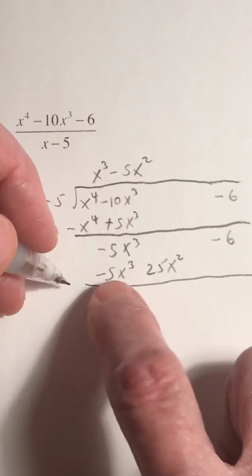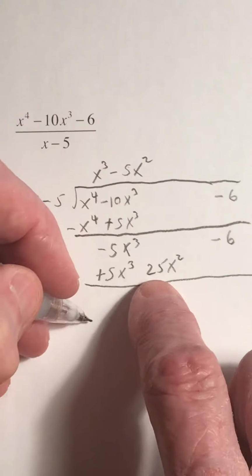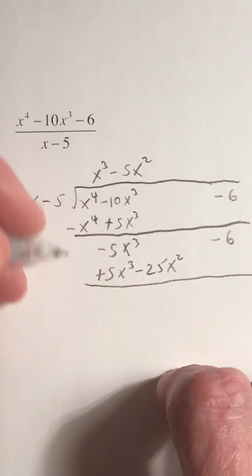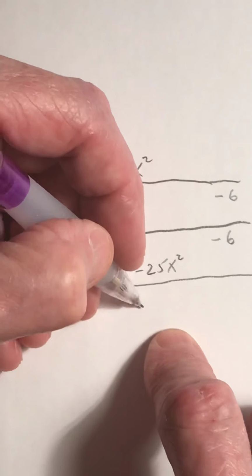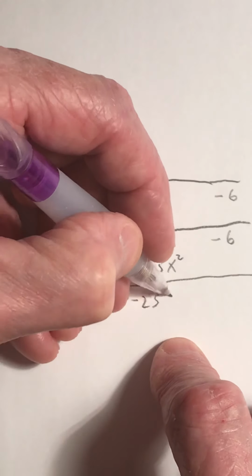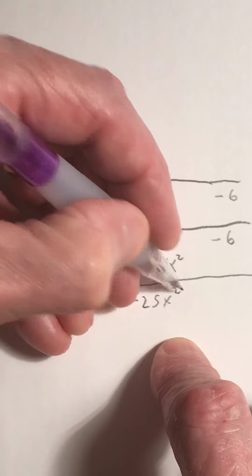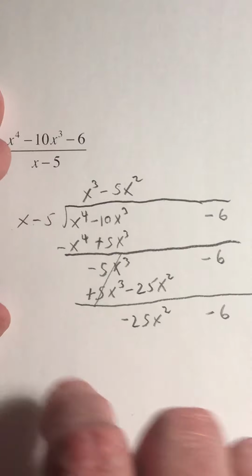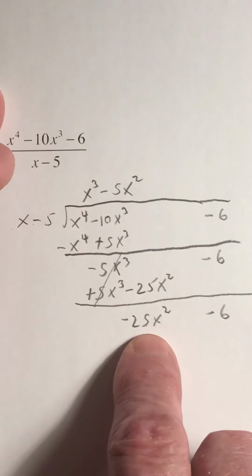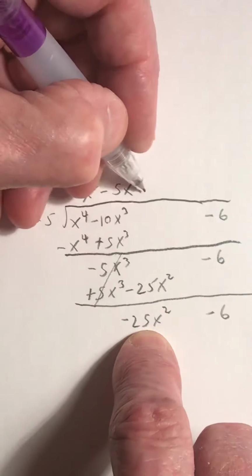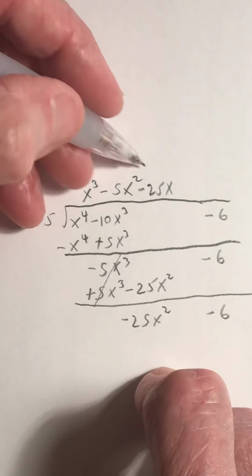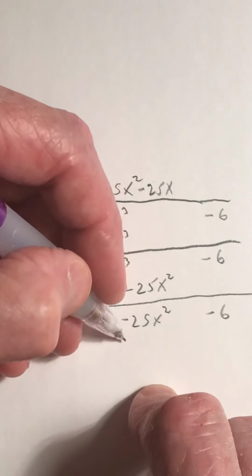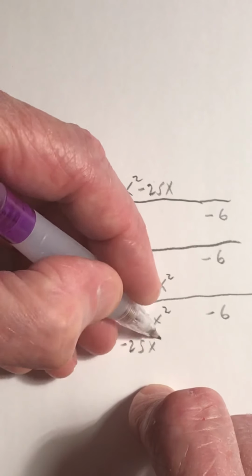Make the line. This is negative, switch to positive. This is positive, switch to negative. And now we add, gone, nothing, and minus 25x squared. We don't have any x's, minus 6's down there. And we do this again. X times what makes that? We need a minus 25x. Minus 25x times x is minus 25x squared.